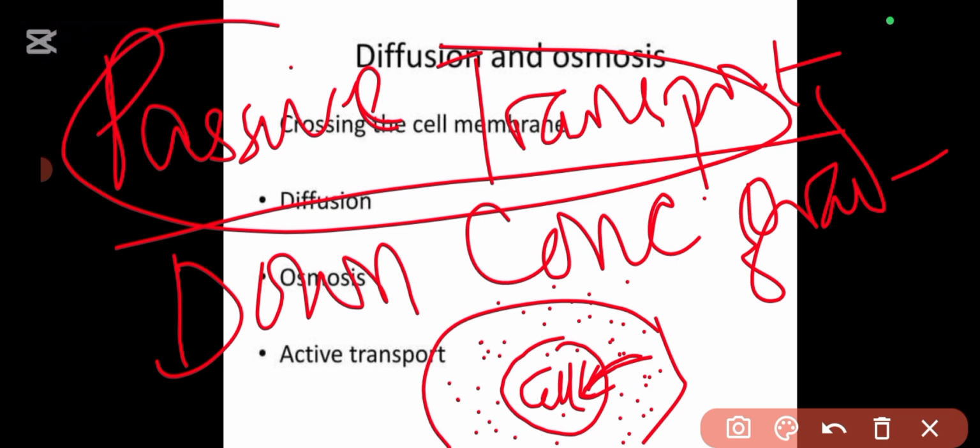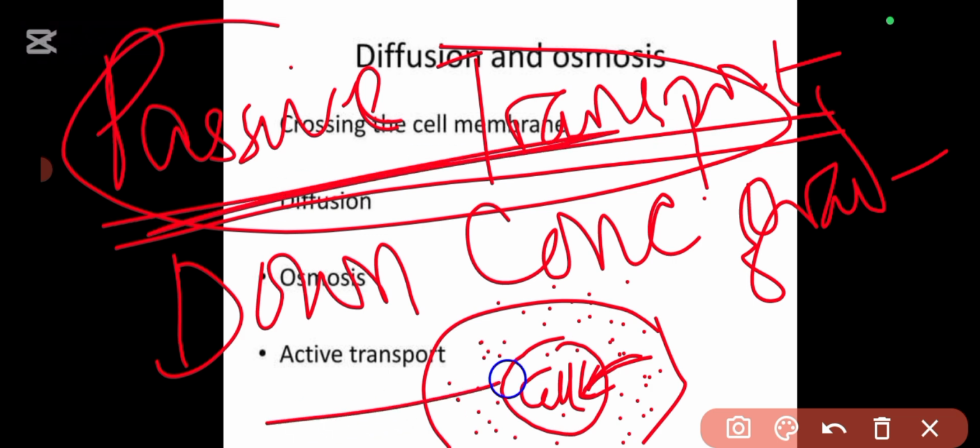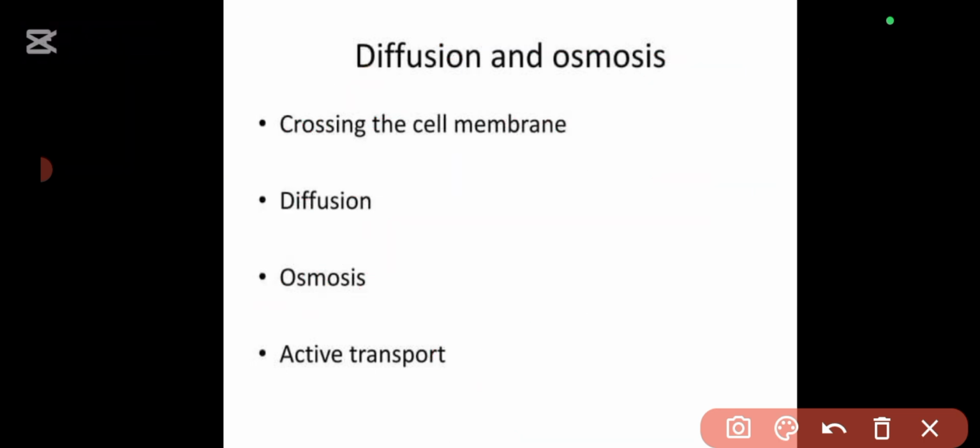That is, there was no smell there before the aroma came. So the aroma spread evenly, and after spreading evenly, we said that diffusion had occurred. So diffusion is movement down a concentration gradient, and is a form of passive transport. Passive transports don't require energy at all, but active transports do require energy.